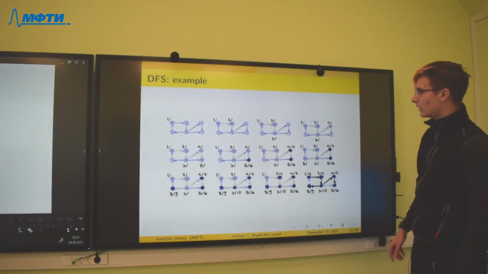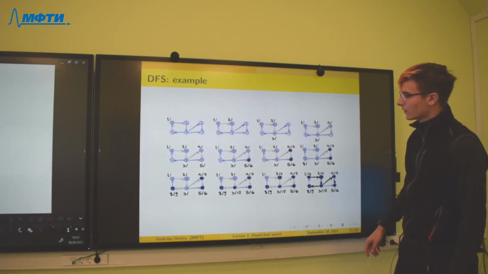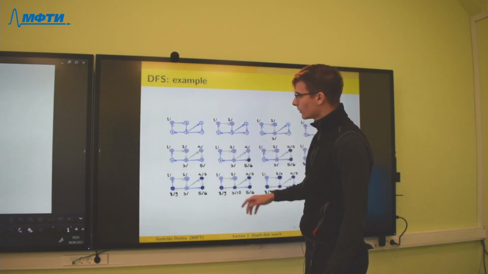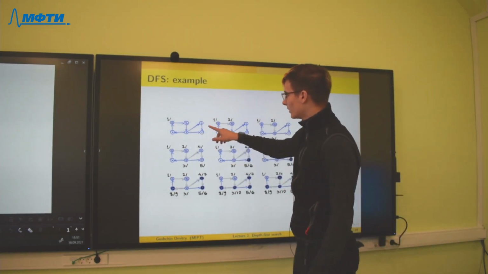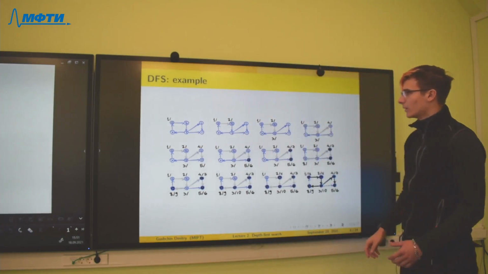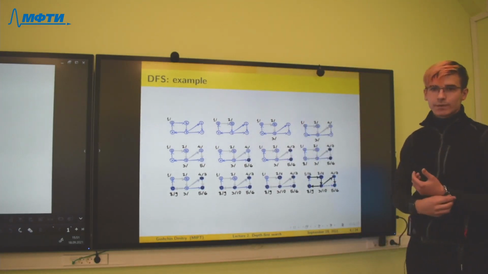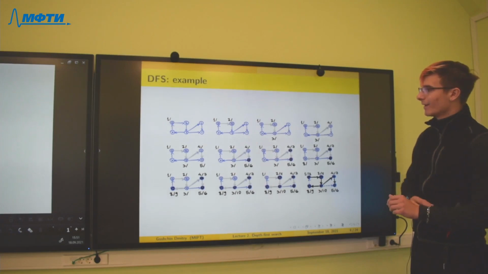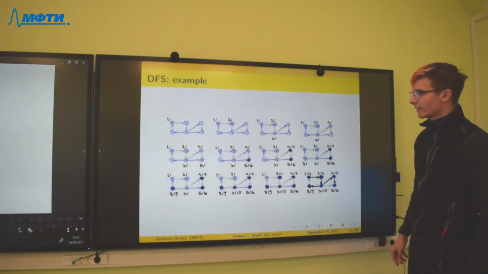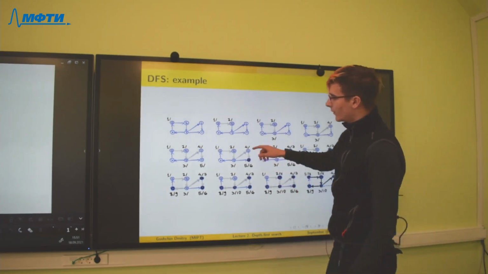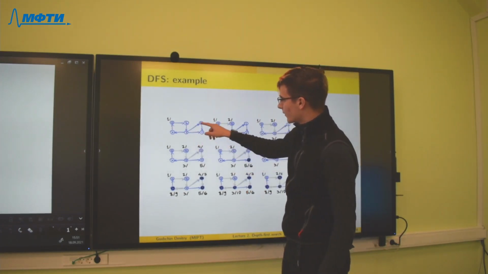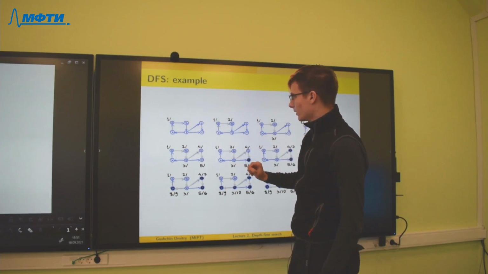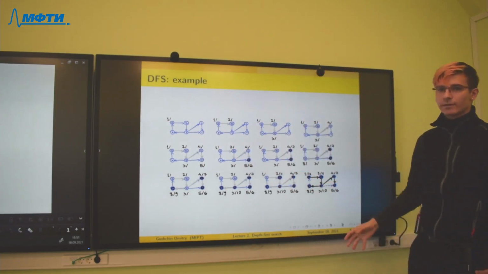If we start with vertex F, we see that only one vertex can be reachable from it. Then when we repeat the algorithm for vertices A, B, E, D, we see that from B we can reach F and we connect this graph.